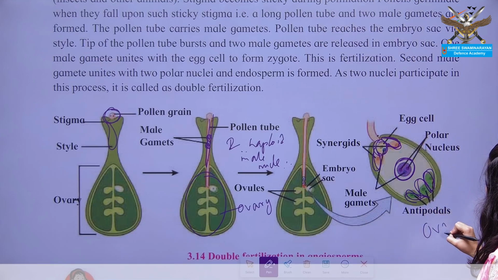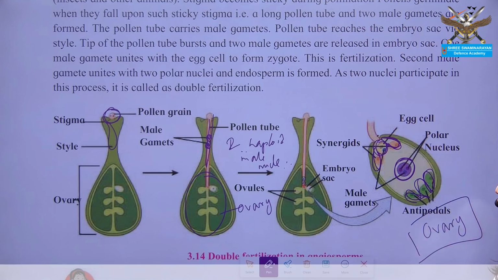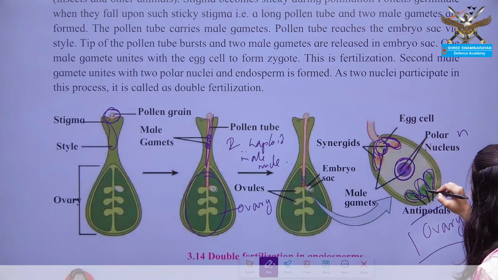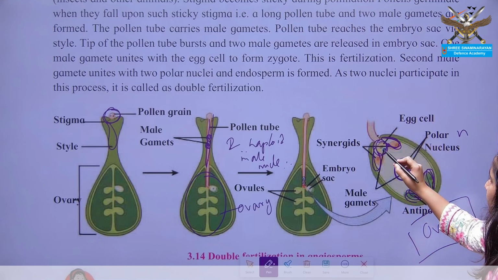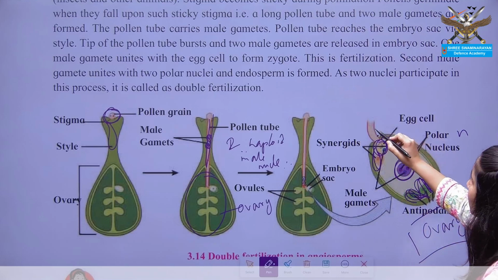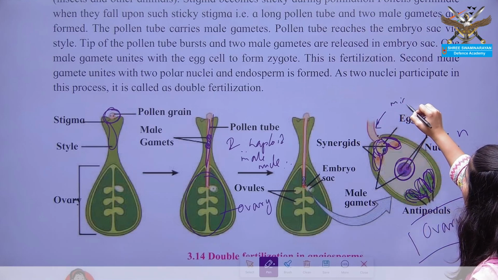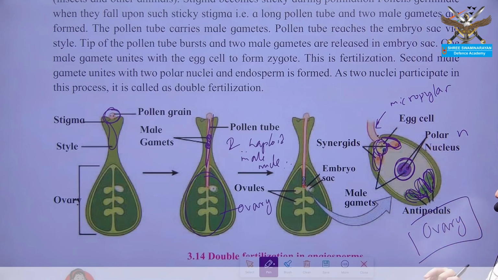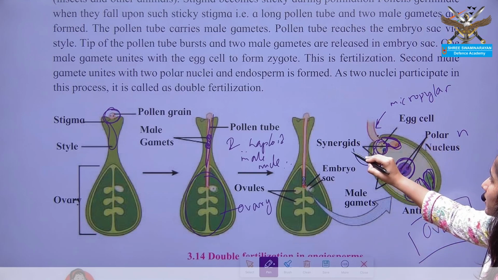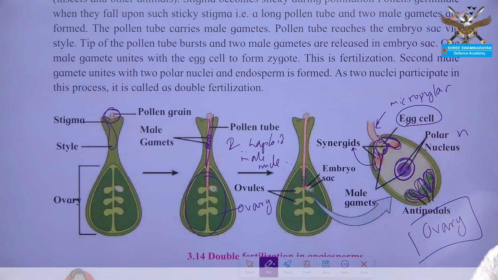This is the ovary. If you see the internal structure of the ovary, there is presence of haploid polar nuclei within the center, and at the two poles, at the upper pole or anterior region, there is presence of antipodal cells with again haploid nuclei, and at the base, at the micropylar end, there is presence of three cells, out of which two are synergids and one is your egg cell.